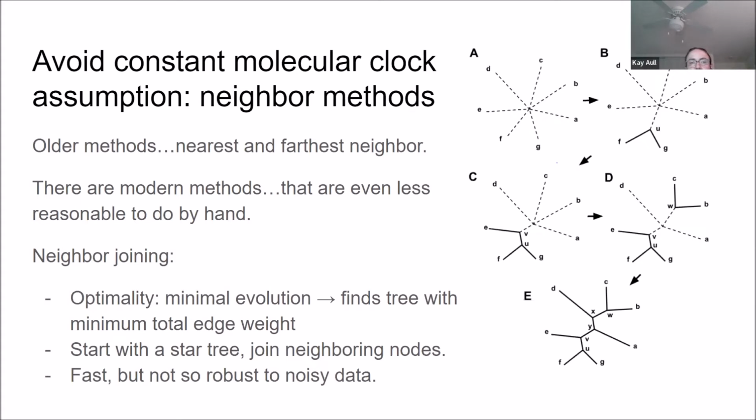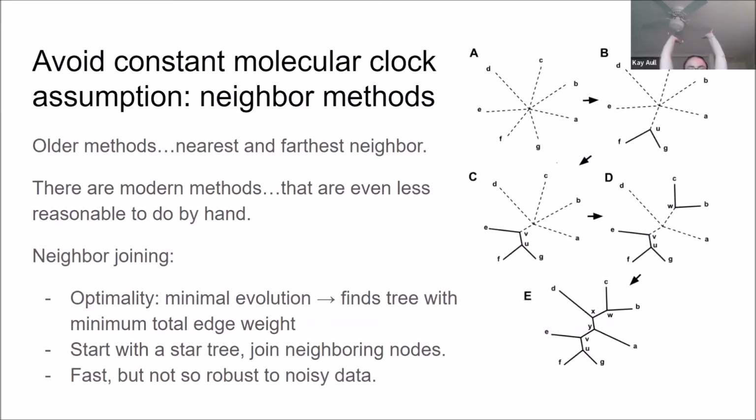You can use farthest neighbors, which is, okay, what is the most divergent example in these two clusters? And so those are the older school methods that you might do by hand. There are newer school methods that are just kind of impossible.